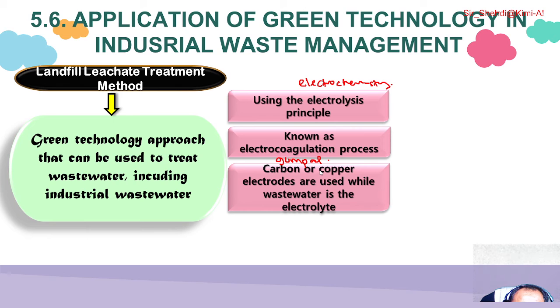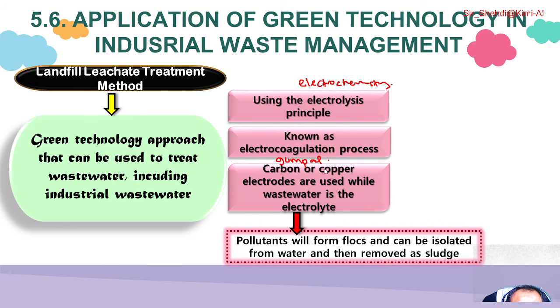Carbon or copper electrodes are used while wastewater is the electrolyte. So we can separate the wastewater using the electrolysis process. Pollutant will form flocks and can be isolated from water and then removed as sludge.